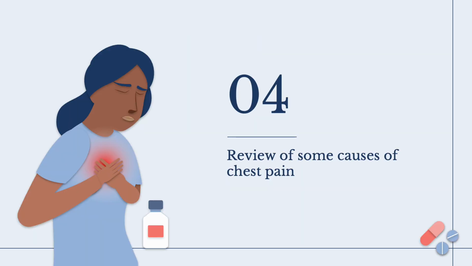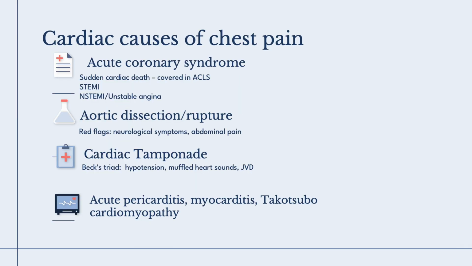Now we're just going to give a basic review of some of the other causes of chest pain. So our cardiac causes of chest pain, we're very well familiar with our acute coronary syndrome. Sudden cardiac death, we really covered that in ACLS. Our STEMIs, our non-STEMIs, and our unstable angina, aortic dissection and rupture.